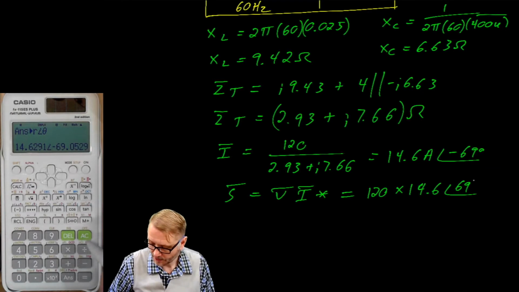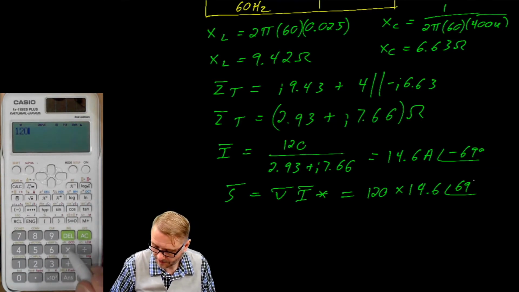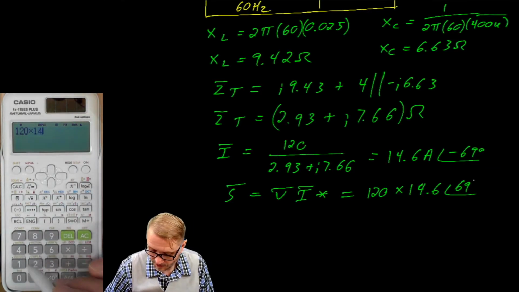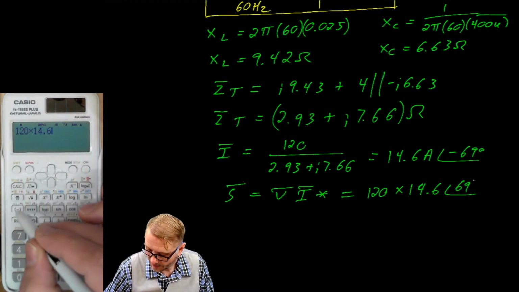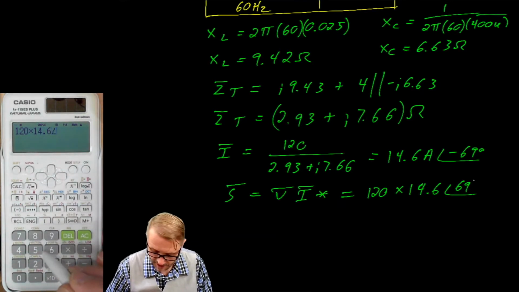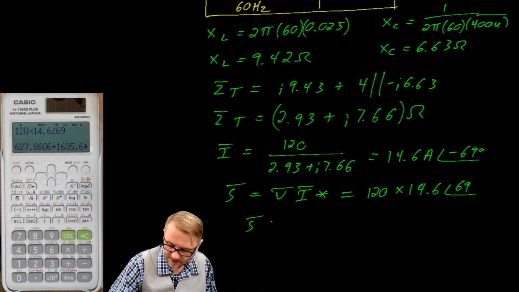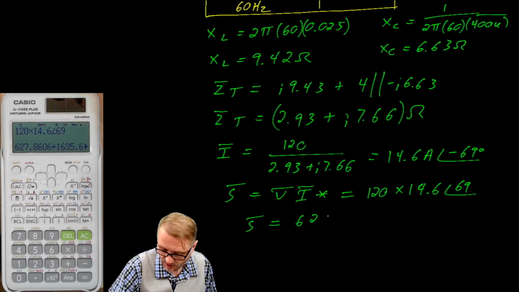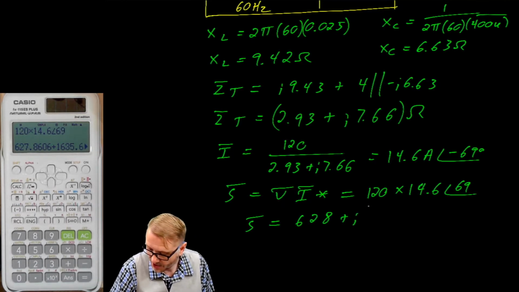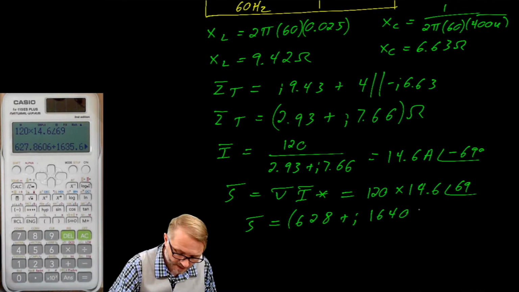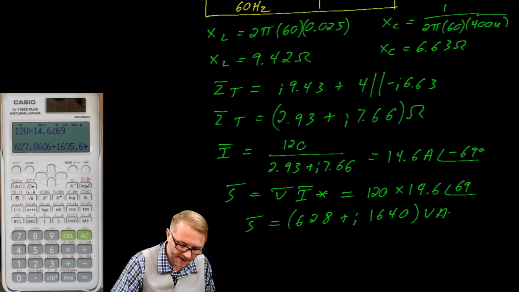So that's 120 multiplied by 14.6 at a phase angle of 69. To the calculator, that's 120 times 14.6 at a phase angle of 69, which gives us a complex power of 628 plus j1640. And that is in volt amperes.